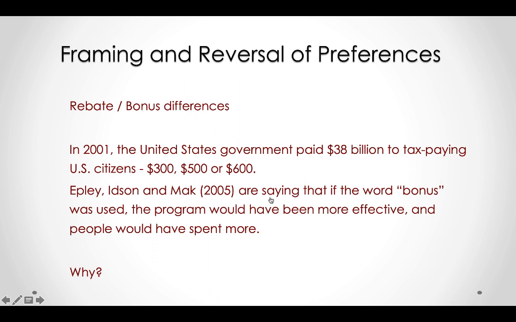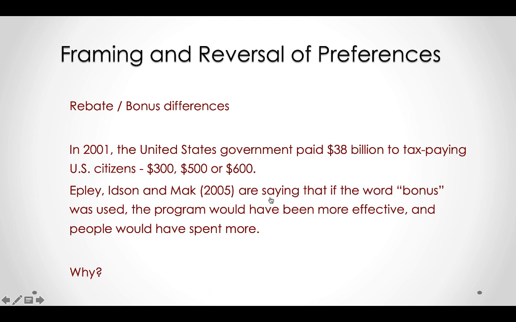Moving on into some kind of lateral move from mental accounting, we call the rebate bonus differences. In 2001, the United States government gave every citizen some rebate. They call it tax rebate. It was $300, $500, or $600 per citizen, taxpayer, and they paid about $38 billion out.